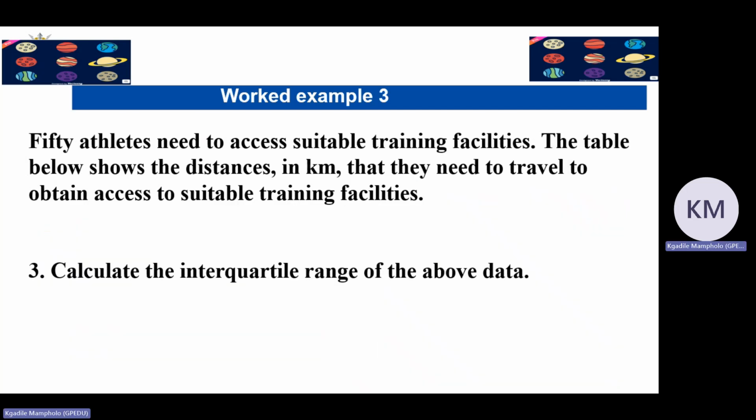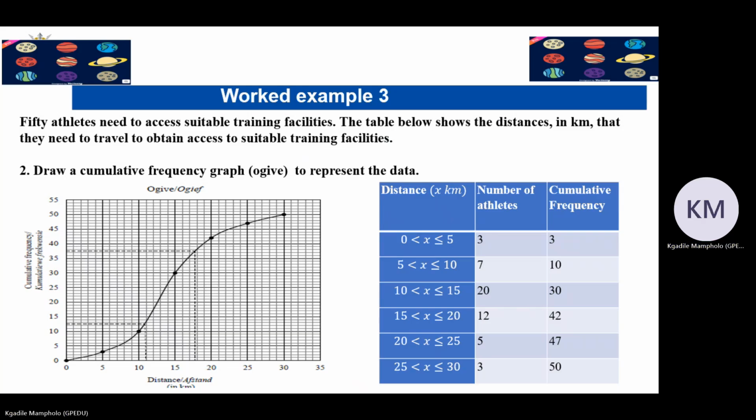The next one, calculate the interquartile range. For the interquartile range, you have to calculate Q1 and Q3. You find the lower quartile and the upper quartile. For the upper quartile, remember the total is 50. What is 75% of 50?